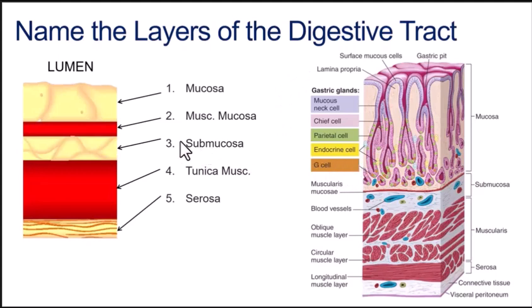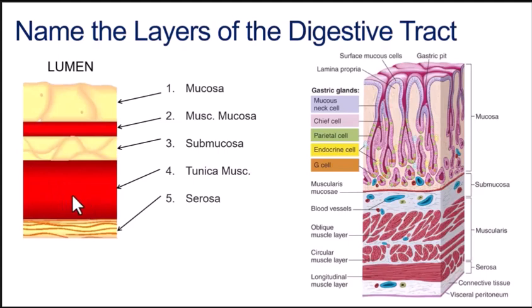We also have the muscularis mucosa. This really just helps propel nutrients in this direction. Beneath that, we have the submucosa, where we have lots of blood vessels, lymphatic vessels, and nerves. Then we have the tunica muscularis. This is what permits contractions and motility.